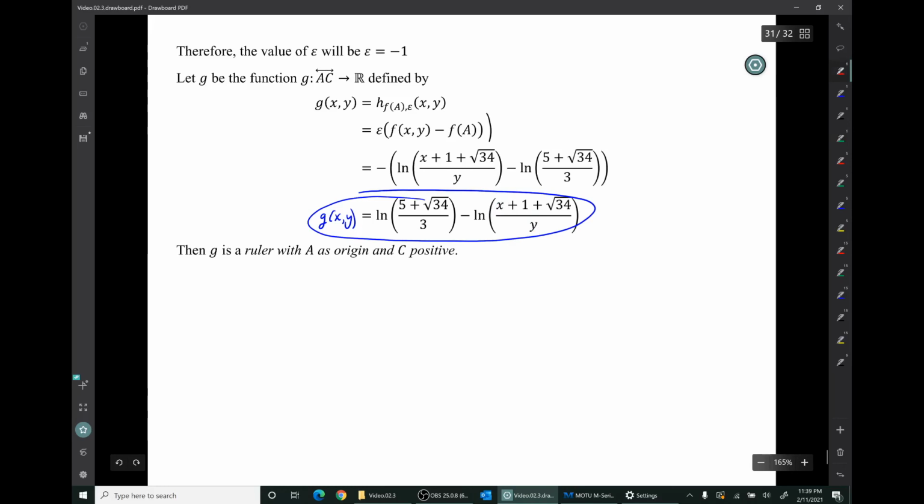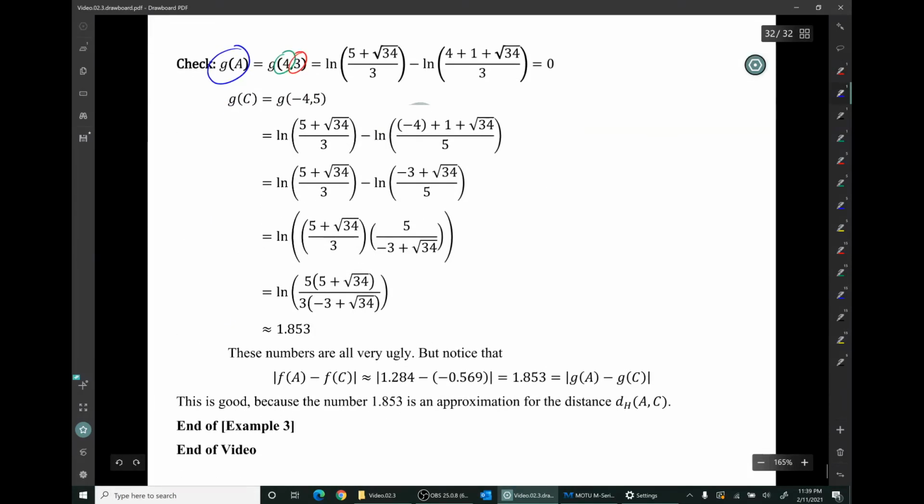So we're going to bring this whole formula down, and it's sitting here. And the one place for the x is there, so that x got put there. And the one place for the y is there, so that y got put there. And look, these expressions are going to cancel. We're going to end up with a result of 0. That's good, because this was supposed to be a special ruler. G of A was supposed to be 0.